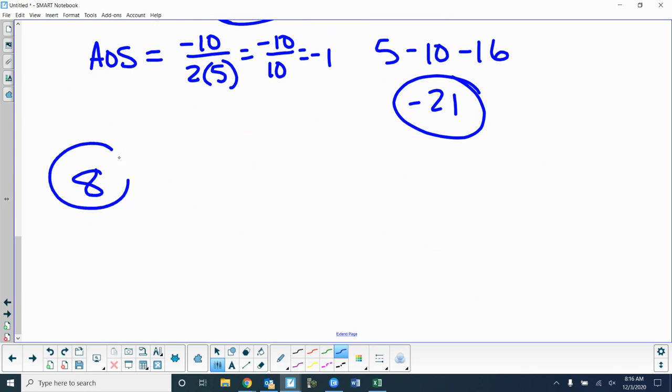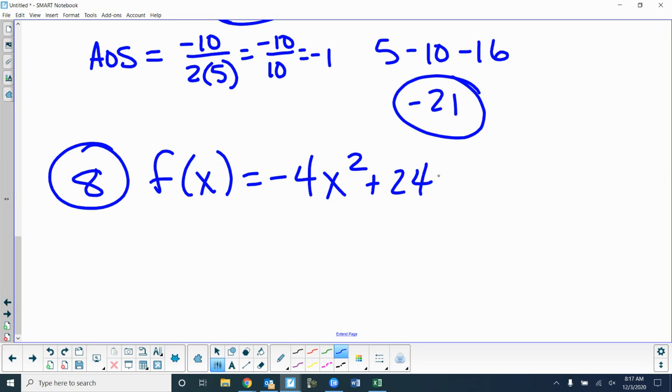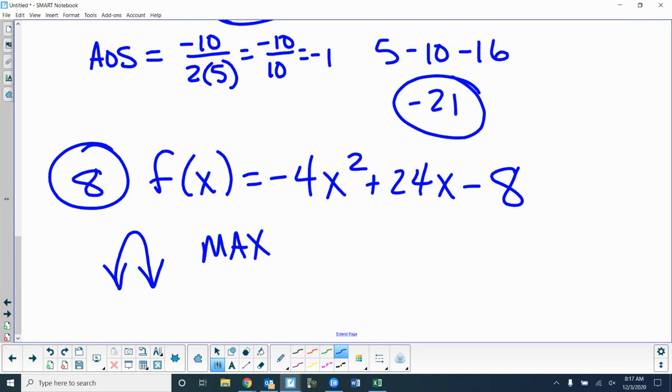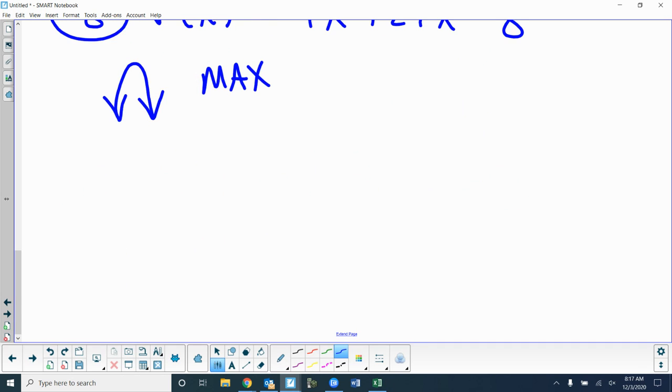Last one, same type of problem. So Connor, does it open up or down? Down. Yep. Is that a min or a max? Max. Think of you looking for the very top, looking for the vertex. So this is a max when it goes down. Okay? So find our axis of symmetry.